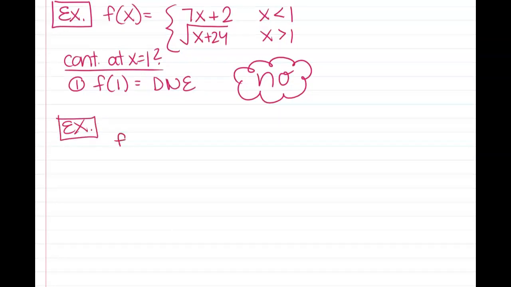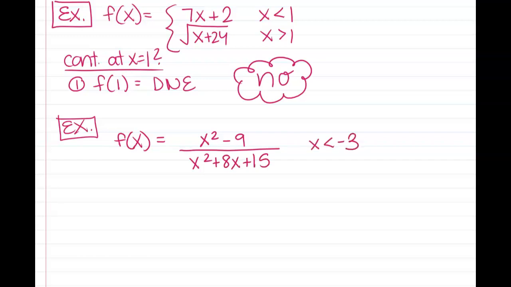Let's look at f of x equals x squared minus 9 over x squared plus 8x plus 15 when x is less than negative 3, the cube root of 9x for negative 3 less than or equal to x less than 0, and x squared over 9 for x greater than or equal to 0.